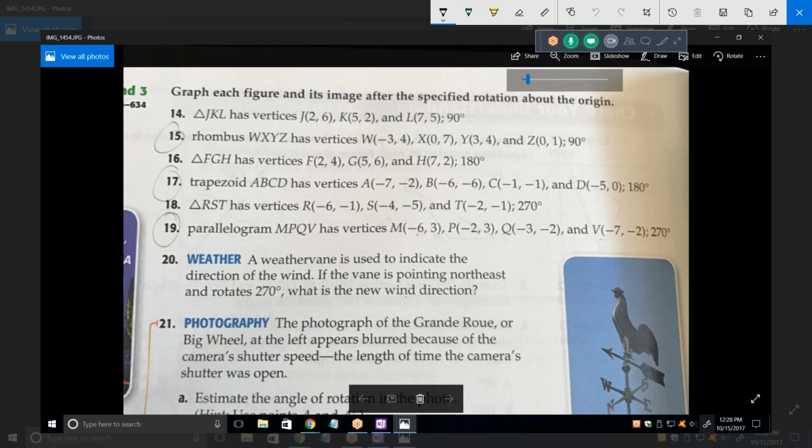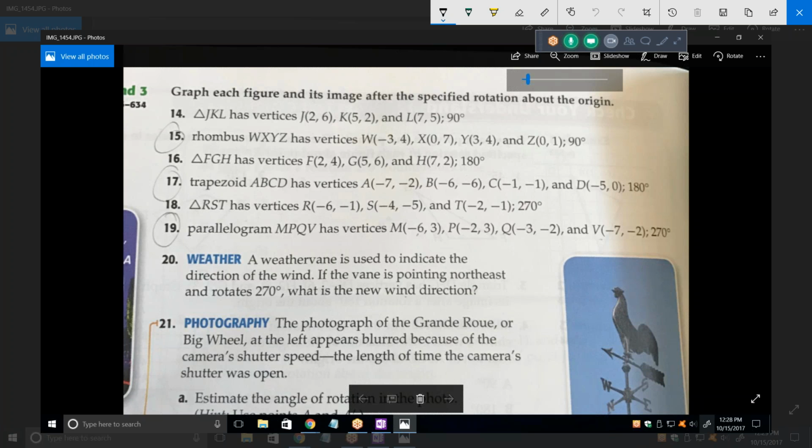It's not going to matter on 16 because it's 180 degrees, so those would be the same way. But it will matter on 18. Most math goes counterclockwise, but I think these are clockwise.